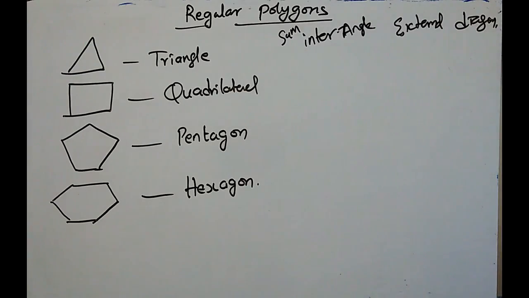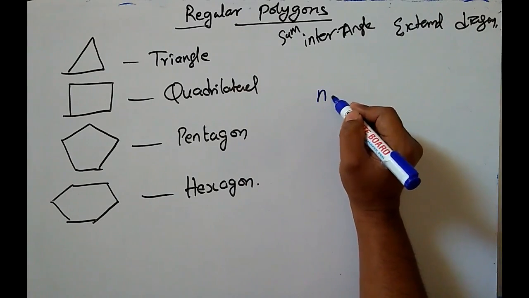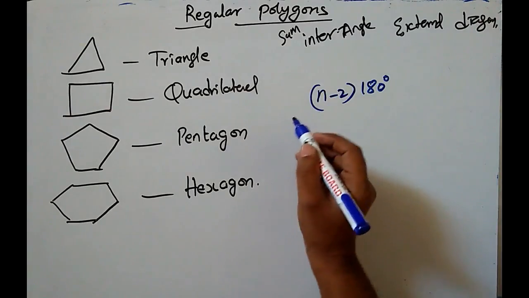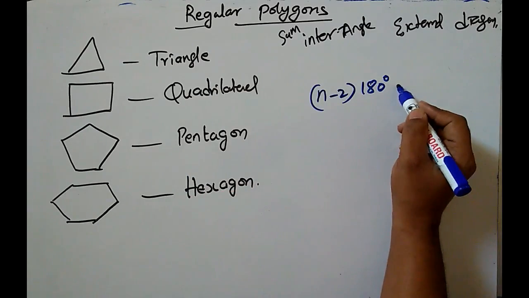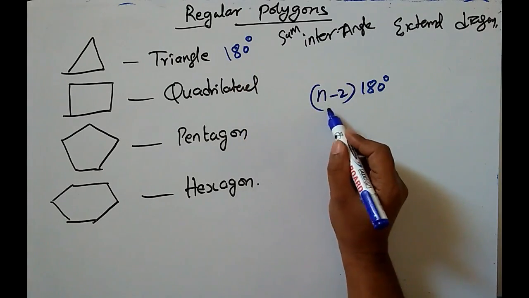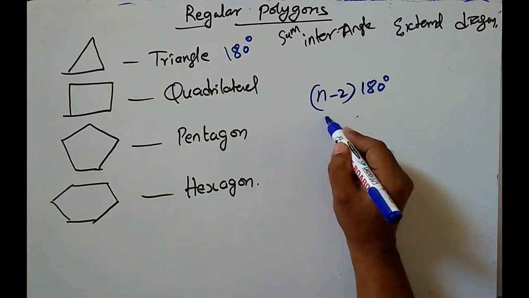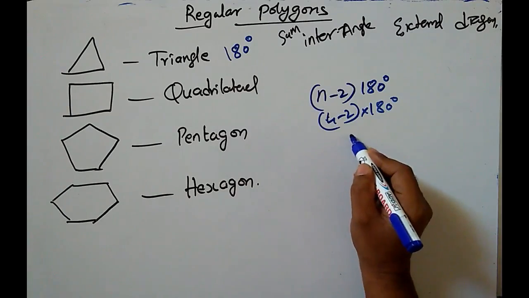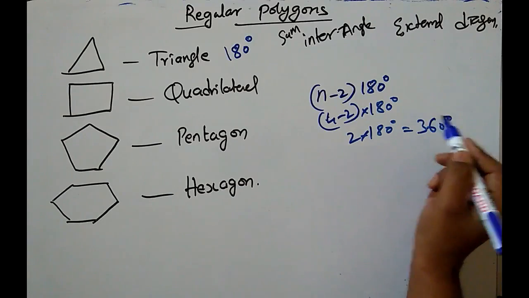We have already seen the formula for the sum of internal angles, that is n minus 2 into 180 degrees. A triangle has 3 sides, so 3 minus 2 is 1, and the sum of internal angles is 180 degrees. For a quadrilateral of 4 sides, 4 minus 2 into 180 degrees, that is 2 into 180, is 360 degrees.